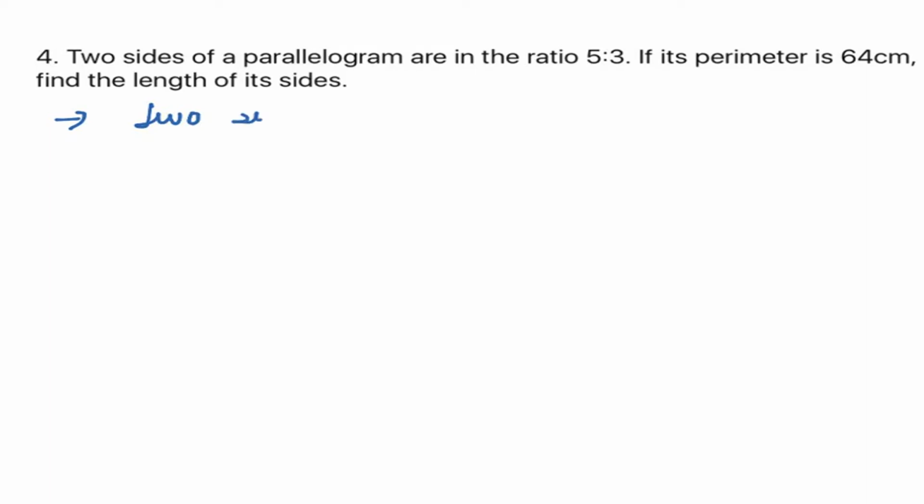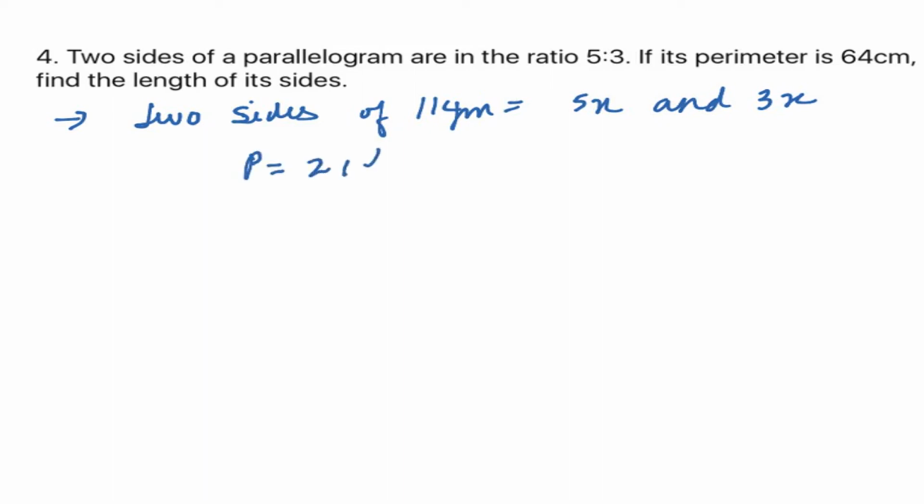So let the two sides of the parallelogram be 5x and 3x, as they have given in the ratio. Now we know the perimeter is equal to twice the length plus breadth. So in that case one will be the length and one will be the breadth. Now we can put the values, let length be 5x and breadth be 3x.